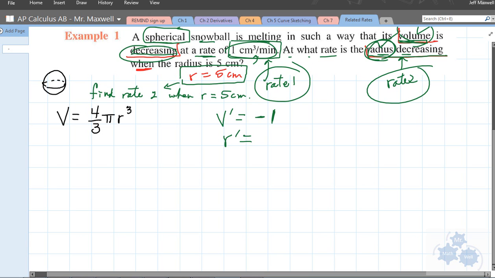We are trying to find the rate. You see, at what rate? Question mark. So this we do not know. But what we do know is that these rates of change only apply when the radius is 5.